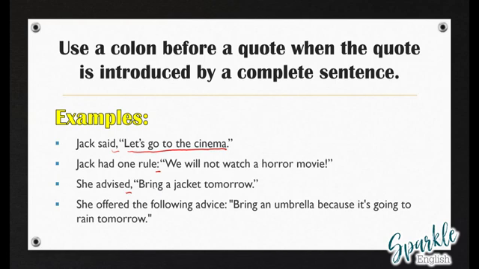It works with bring a jacket tomorrow because that is the advice. She offered the following advice: bring an umbrella because it's going to rain tomorrow. Again, here we'd use a colon because this is a complete sentence. You could also use a comma, but in this case, a colon also works because this is a complete sentence that is introducing the quote.